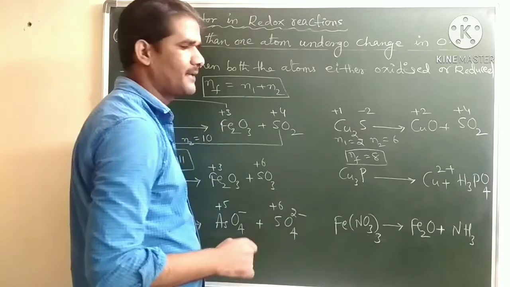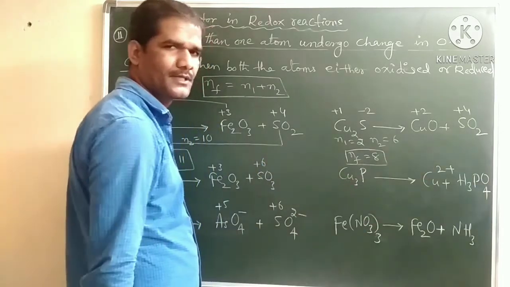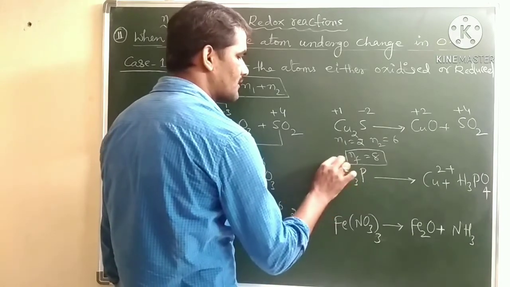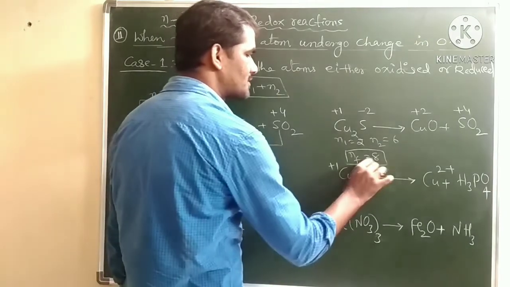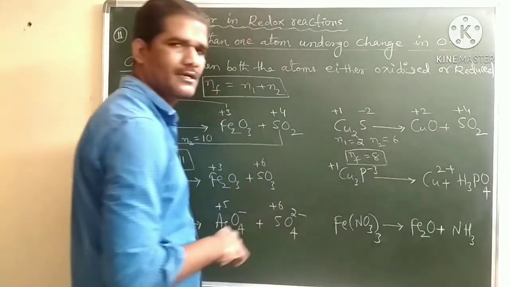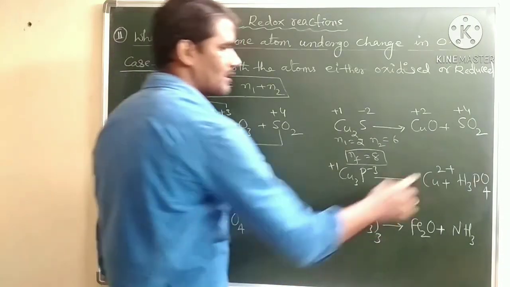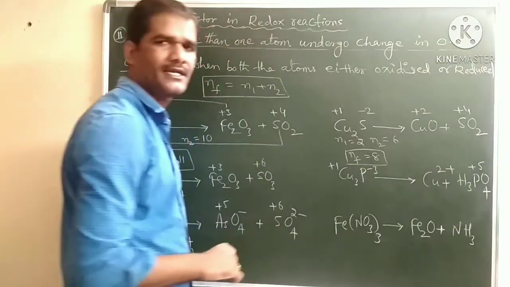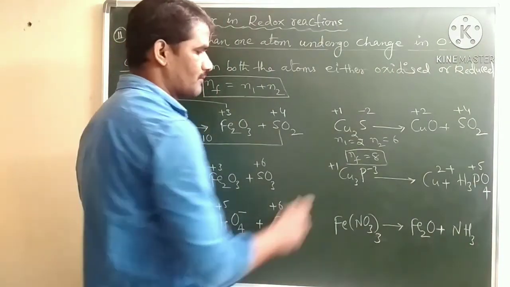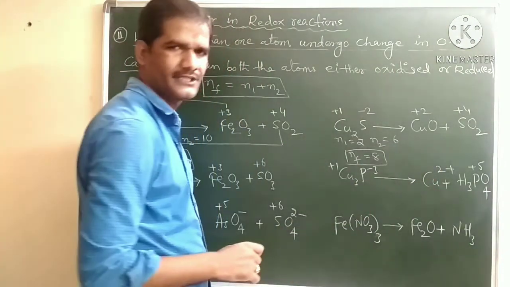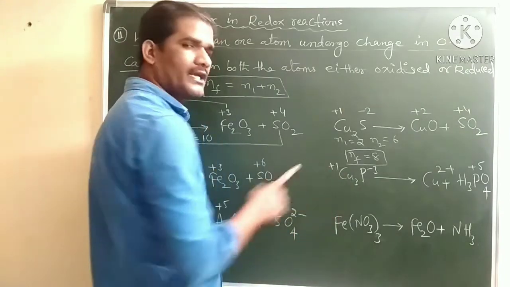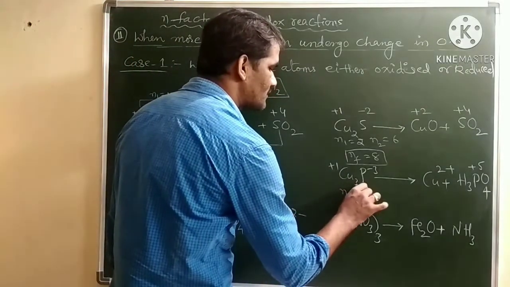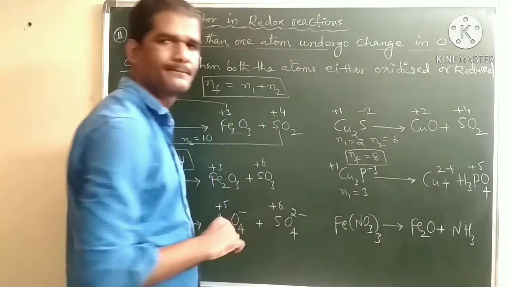Now Cu3P changes to Cu2 plus and phosphoric acid. Again copper is +1, phosphorus -3 oxidation state, copper 2 plus, here phosphorus oxidation state +5 in H3PO4. +1 to +2, change is 1, but 3 coppers are there in Cu3P, so N1 is 3 into 1, 3.